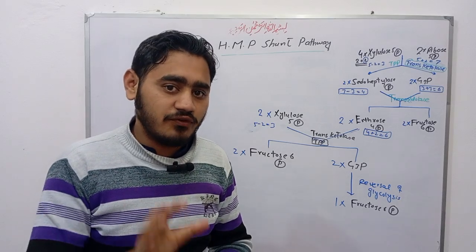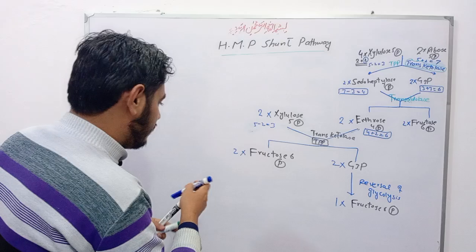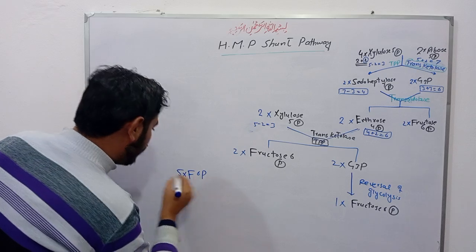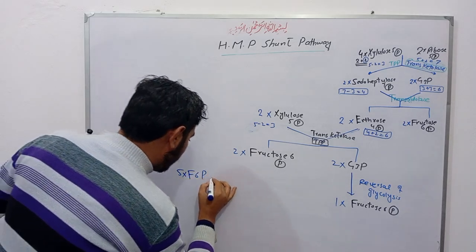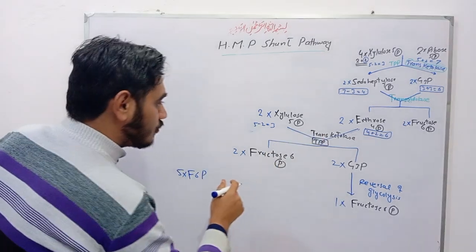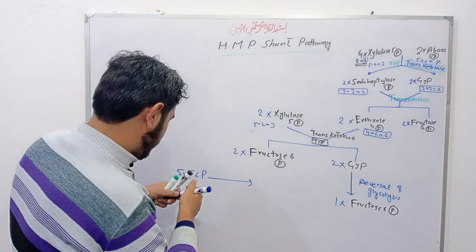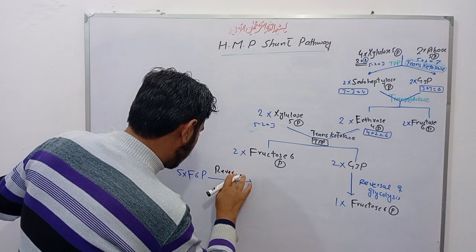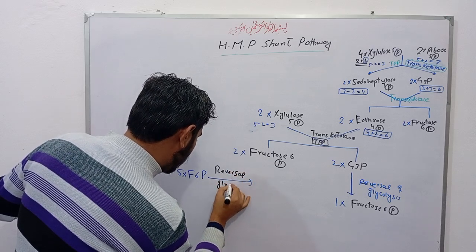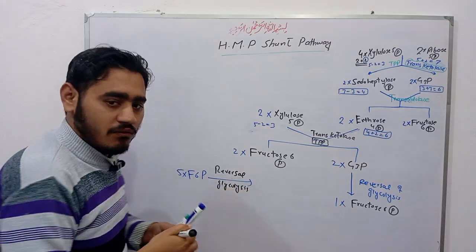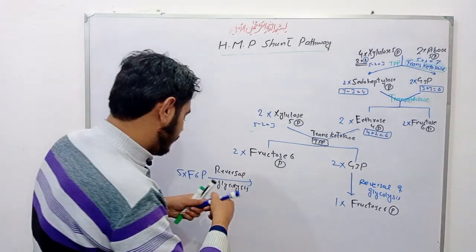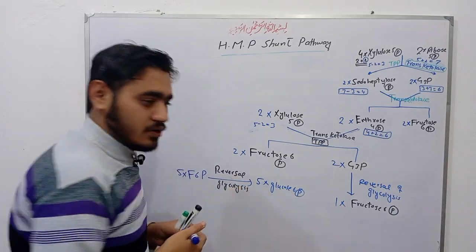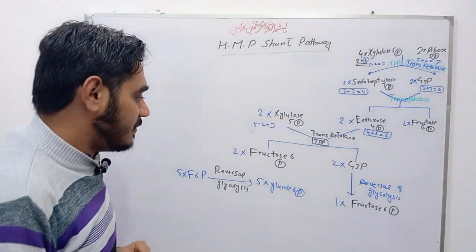Totally, there is a synthesis of 5 molecules of fructose 6 phosphate, and through reversal of glycolysis process, they form 5 molecules of glucose 6 phosphate. Okay friends, this is the non-oxidative step.